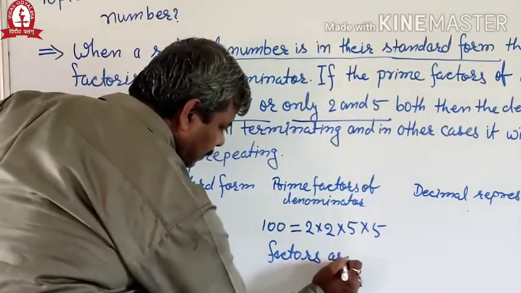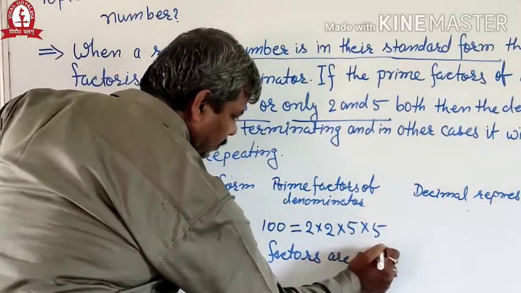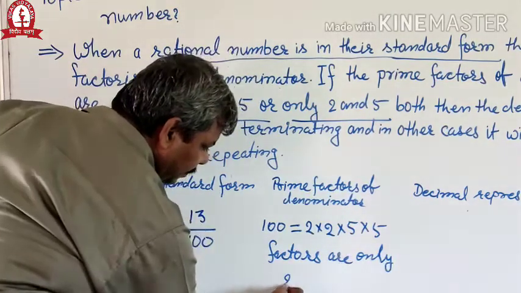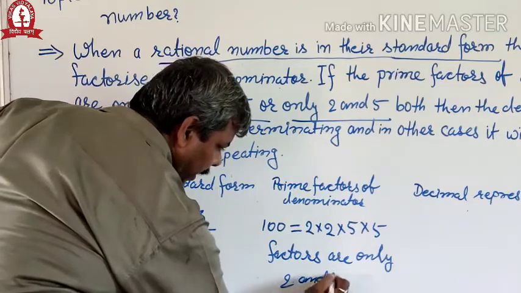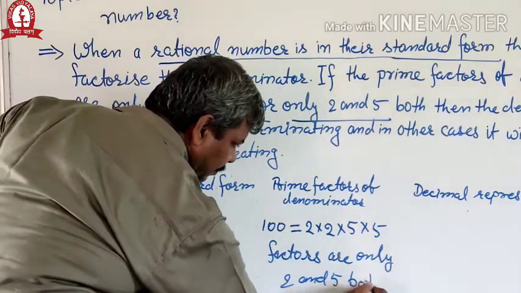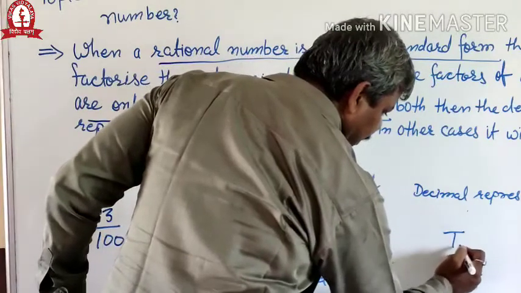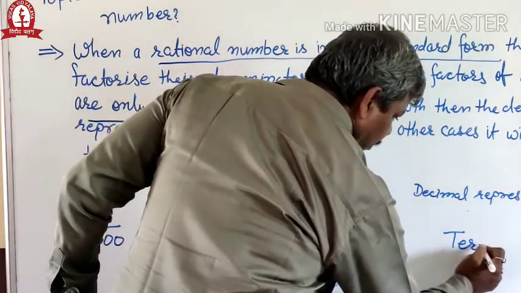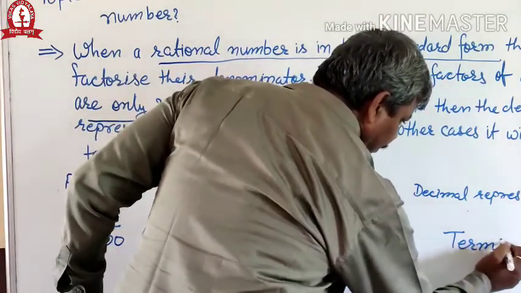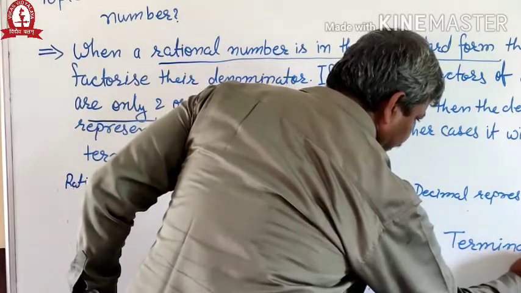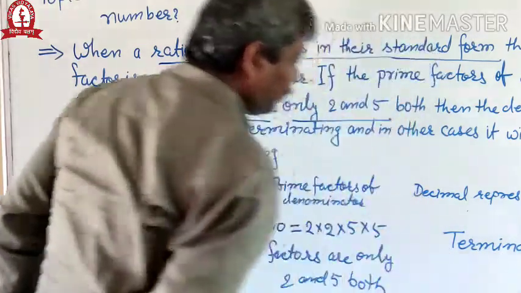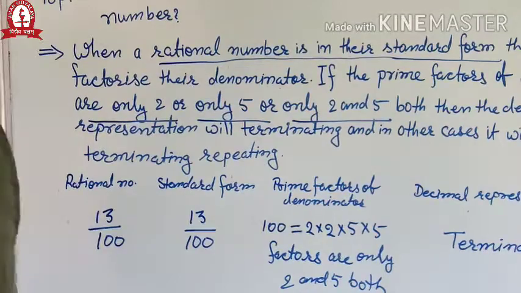Factors are only 2 and 5 both. So its decimal representation will be terminating.